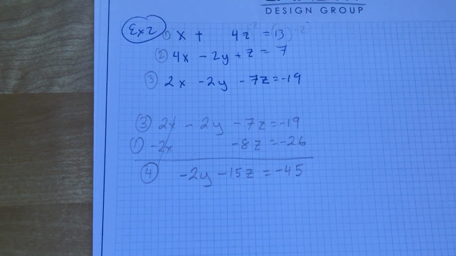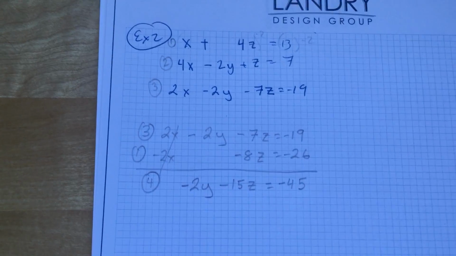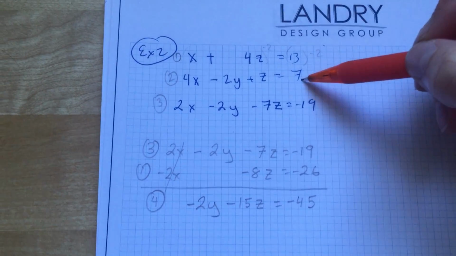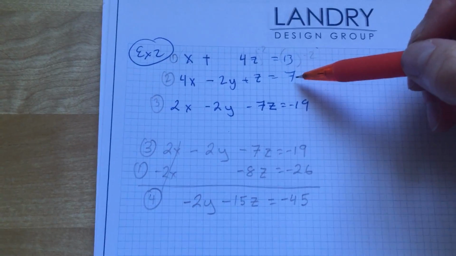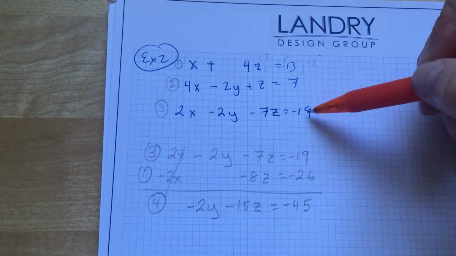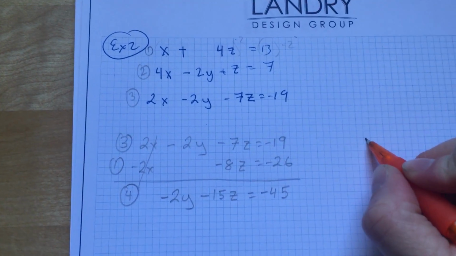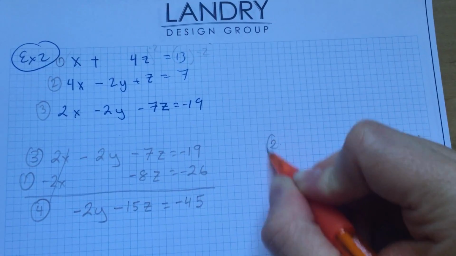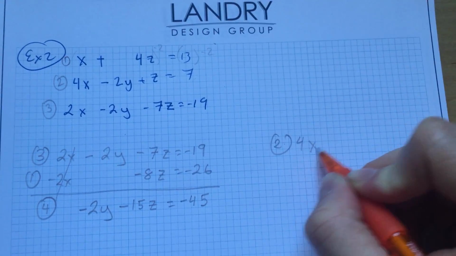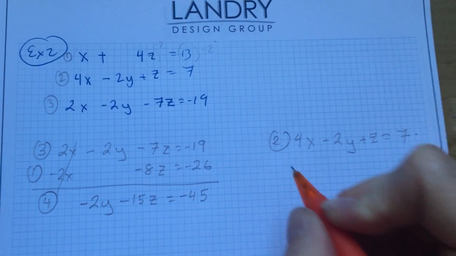All right. So now, to make equation number 5, go back. I haven't used my equation number 2 yet, so I'm going to use 2 and manipulate it with 3. So 2 over here: 4x minus 2y plus z is equal to 7.